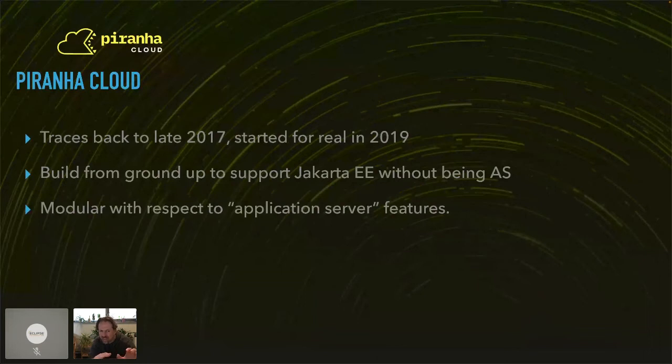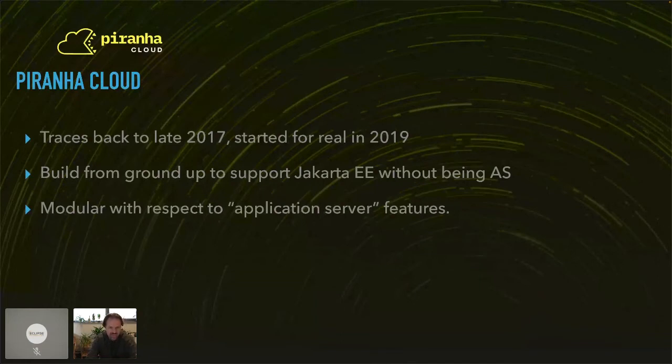So just as much as possible is plain Jakarta EE code. And in order to do that, we introduced this concept of being modular with respect to the application server features. And those are the features we just talked about in the previous slides.